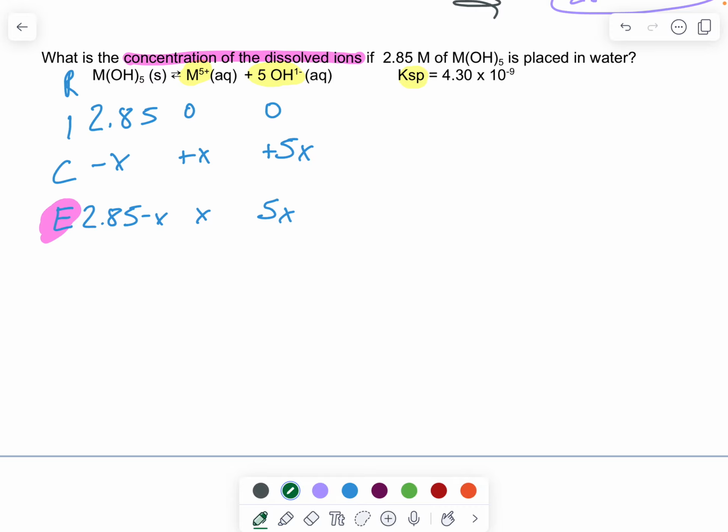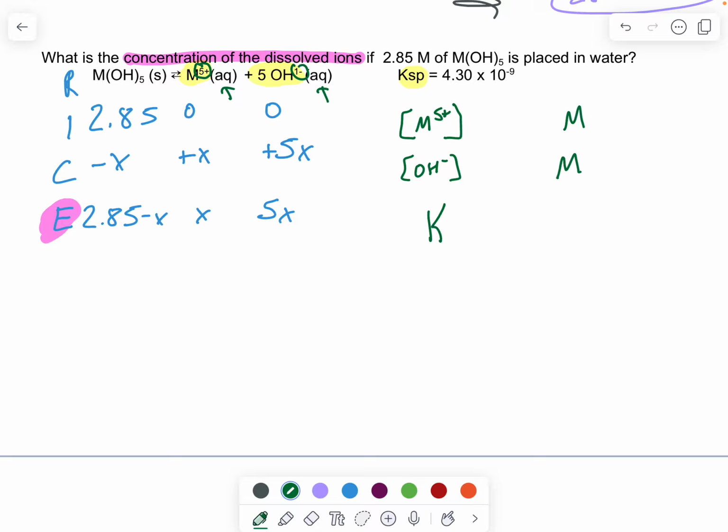If you're wondering what it is referring to in relation to dissolved ions, ion means charged. AQ means dissolved. So the final answer for this problem will be the concentration of the M ion and the concentration of the hydroxide ion. Concentrations are also labeled in molarity. So if you don't come up with a big M in the end, you did something wrong.